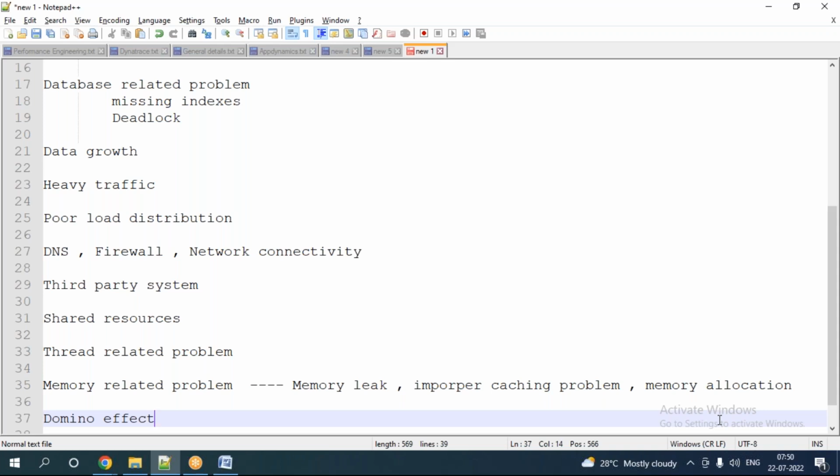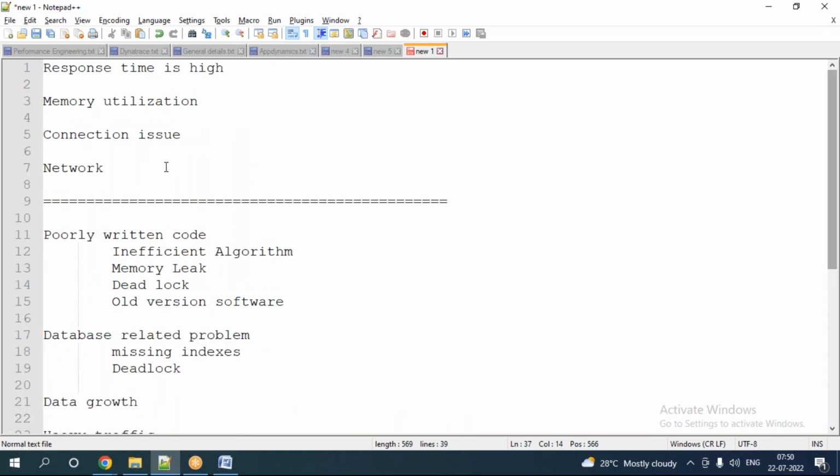So if you look at it, I mentioned there are a set of problem statements. Why? If you know the problem statements, you are going to get the value of it, I mean, how you are going to fix the problem, or who is going to be the responsible person for doing it.